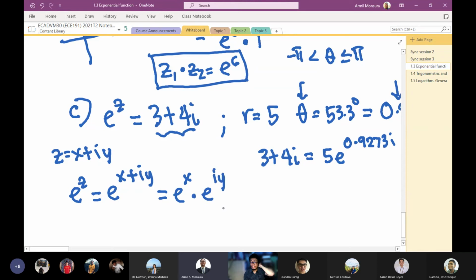Is that clear? Kanina ko pa sinasabi yan, yung sa umpisa pa ng lesson natin. Pino-point out natin yan. Okay?